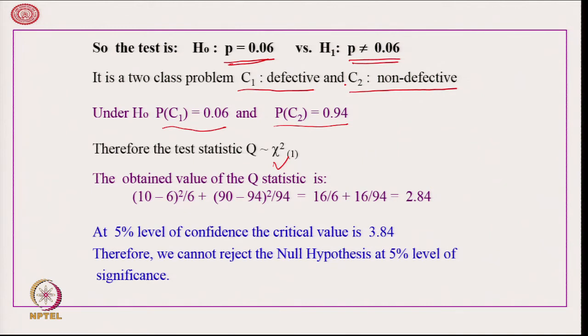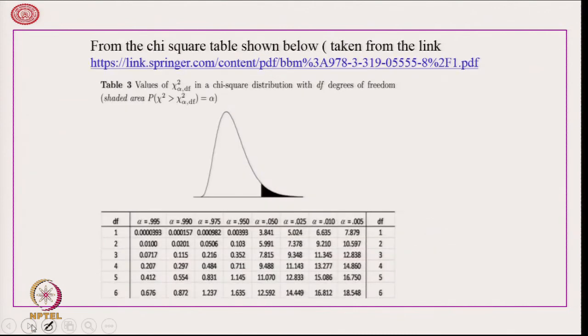The obtained value of the Q statistic is therefore (10 minus 6) whole square divided by 6 plus (90 minus 94) whole square divided by 94, which is coming out to be 2.84. Now, the problem is whether we should accept the null hypothesis or reject. For that we have to refer to the chi-square table, and we see the following: for 1 degree of freedom at 5% level of significance, the critical value is 3.84.